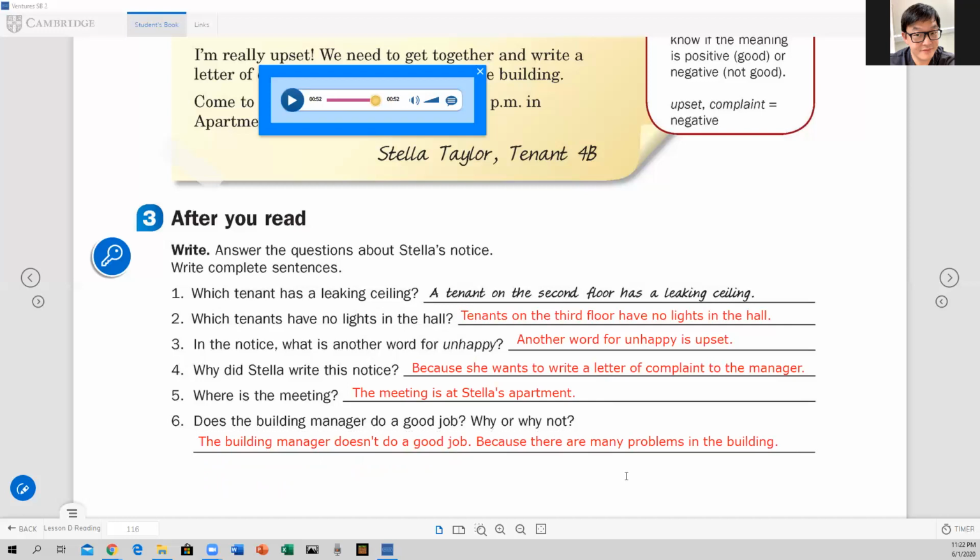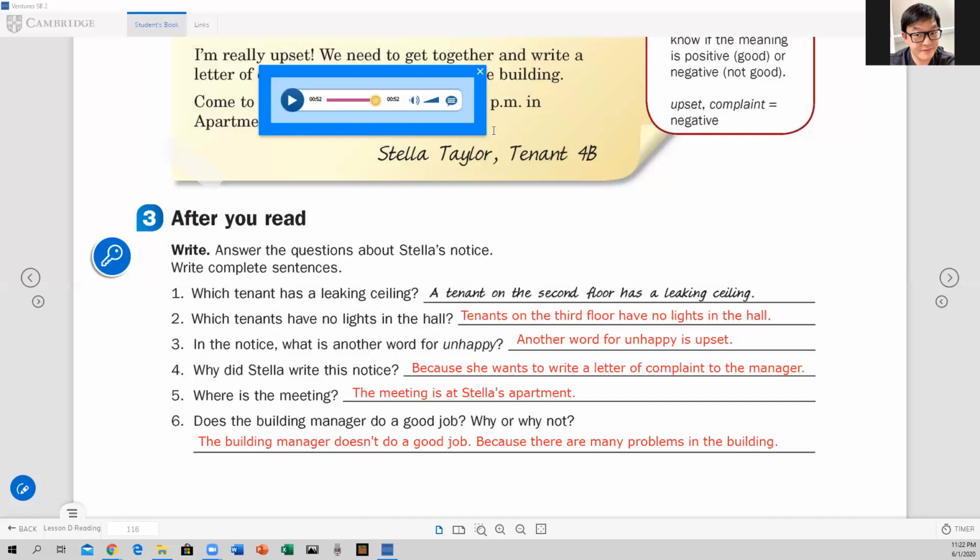The building manager doesn't do a good job. Why? Because there are many problems in the building. Okay? Good? Easy or difficult? Easy, right?